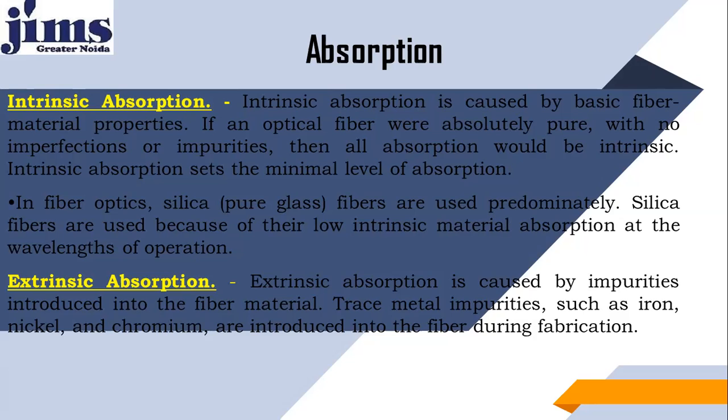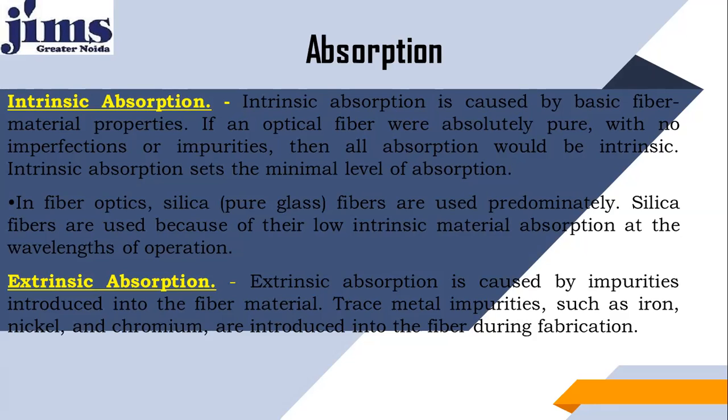When you say that there are no impurities in optical fiber, even then absorption comes into the picture. But that absorption is minimum because it is solely due to the internal material of the optical fiber, right? So you cannot avoid this intrinsic absorption.